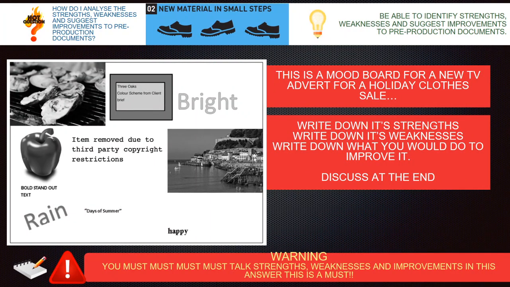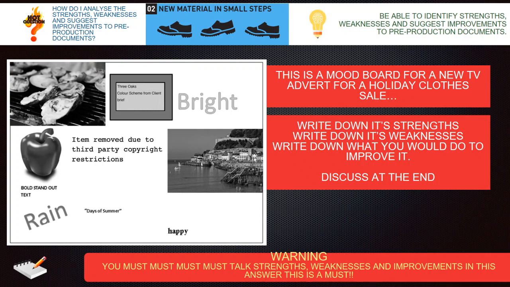And then obviously the improvements, you could individually state different reasons on how you would improve it. So this is a mood board for a new TV advert for a holiday clothes sale. What I want you to do is pause the video now, and for the mood board write down its strengths, its weaknesses, and what you would do to improve it.